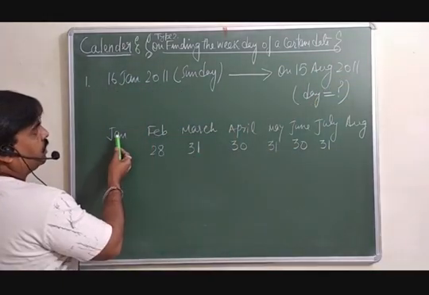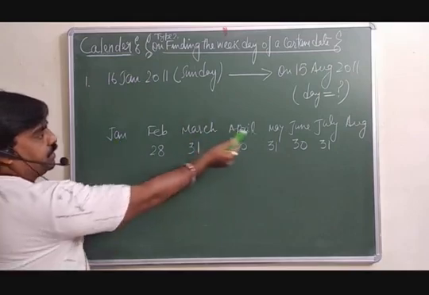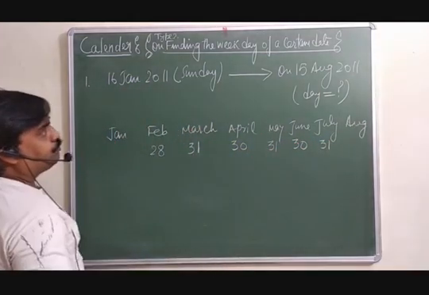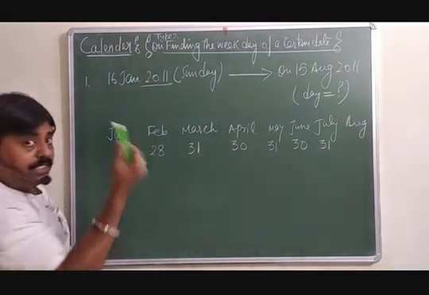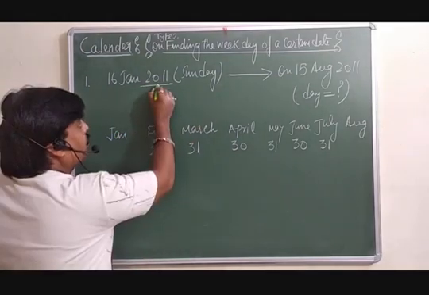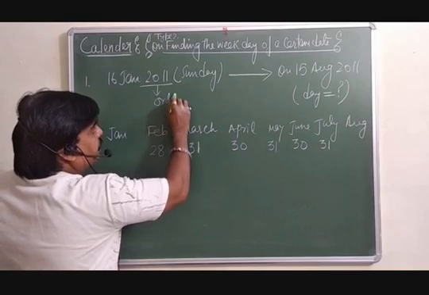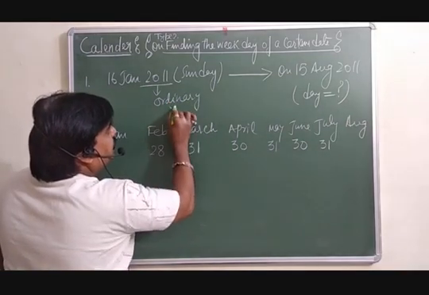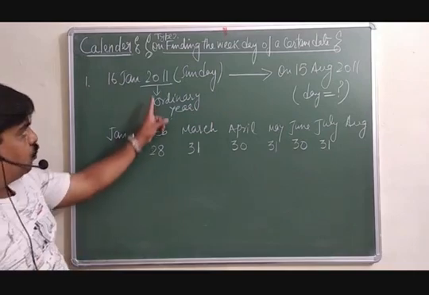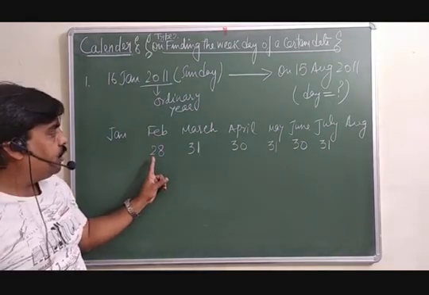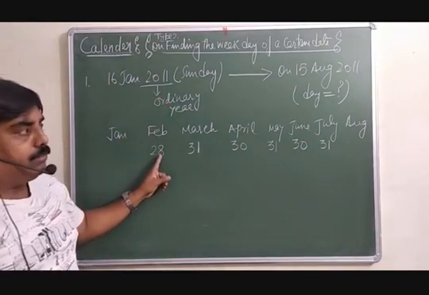Just see now, you are starting from January up to August. We know February. Now this 2011 is an ordinary year. If you divide the last 2 digits by 4, it is not divisible. So it is an ordinary year, which means in the month of February there will be 28 days.